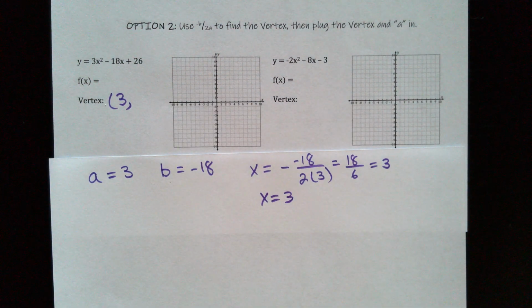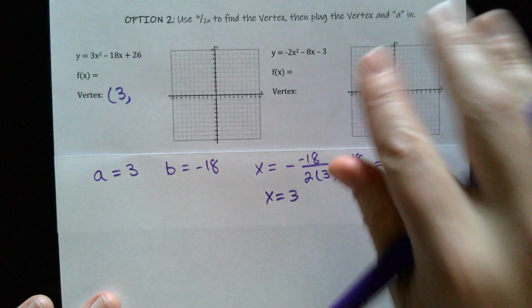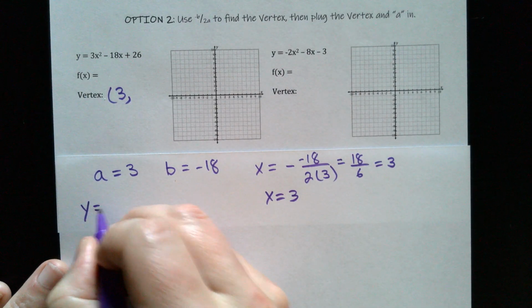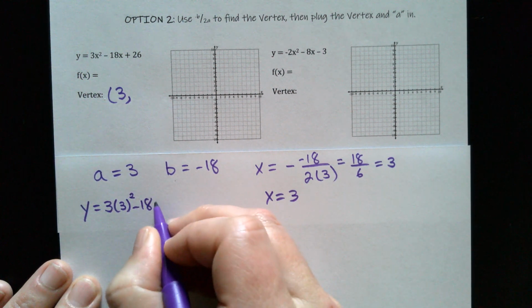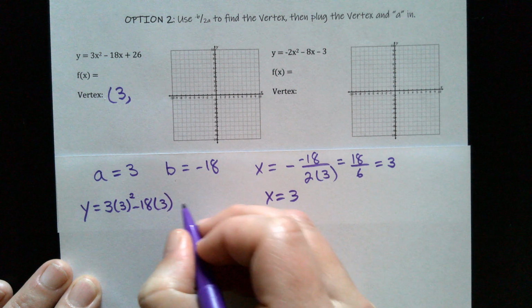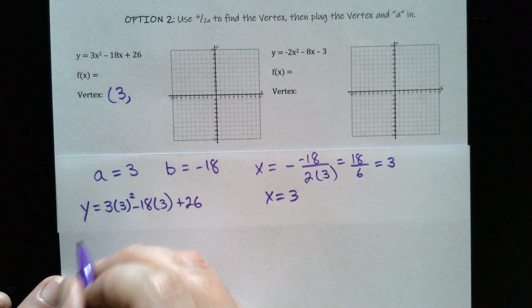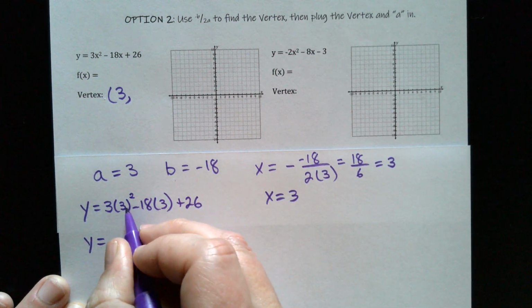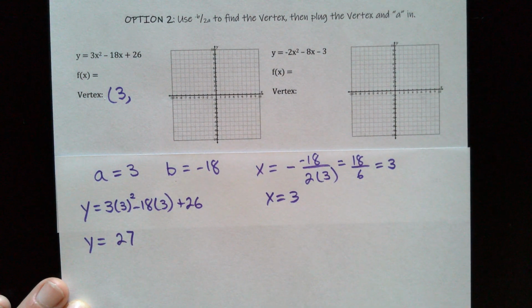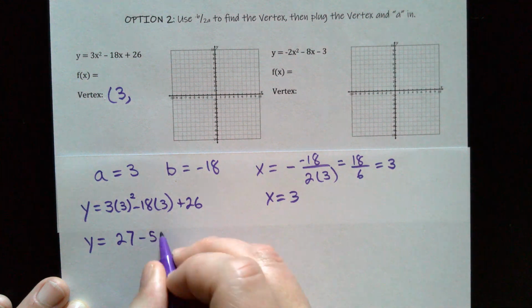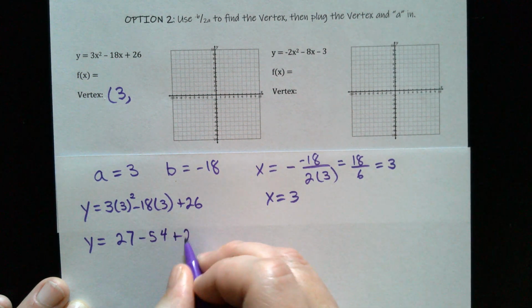Now we need to take that 3, plug it into the function to get the other part of the vertex. Okay, so y is equal to 3 times 3 squared minus 18 times 3 plus 26. So that's, let's see, 9 times 3 is 27. 18 times 3, 54. So minus 54. And then plus 26.